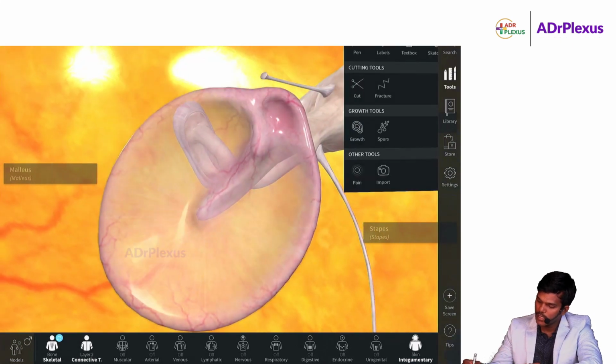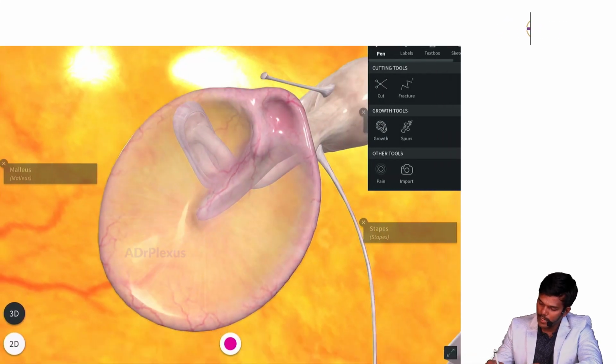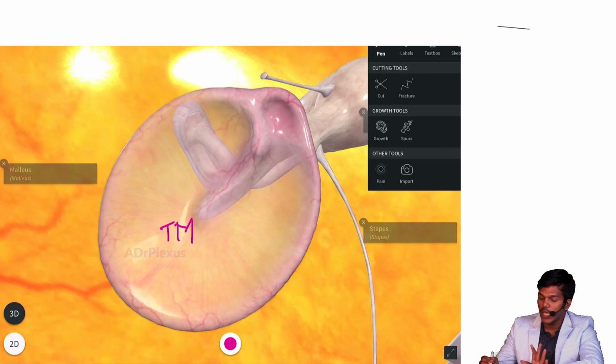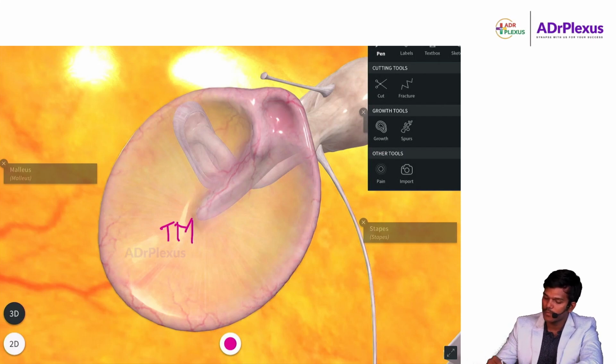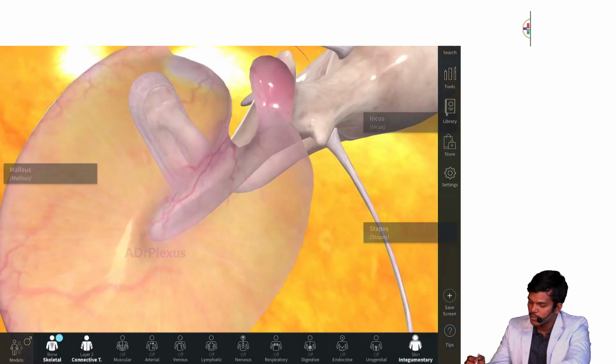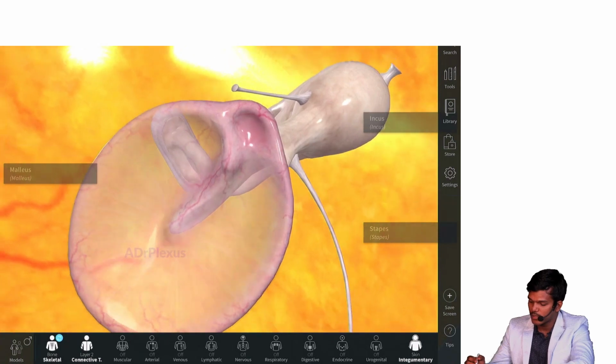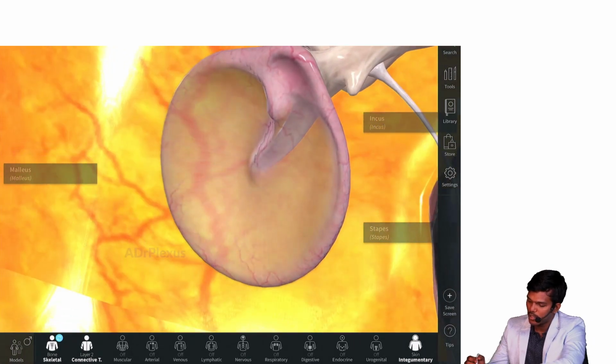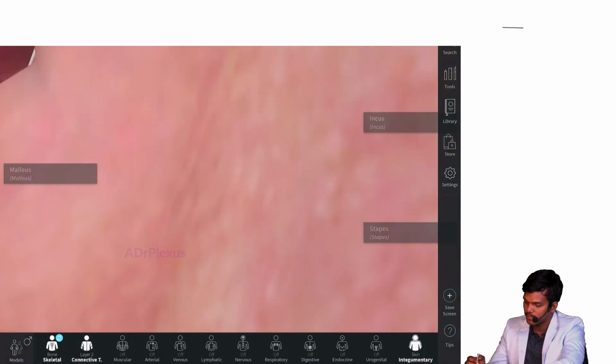So this is the tympanic membrane. It is present at the end point of the external ear. Once we breach the tympanic membrane, we can enter into the middle ear, showing the ossicles. See, the ossicles are being shown.